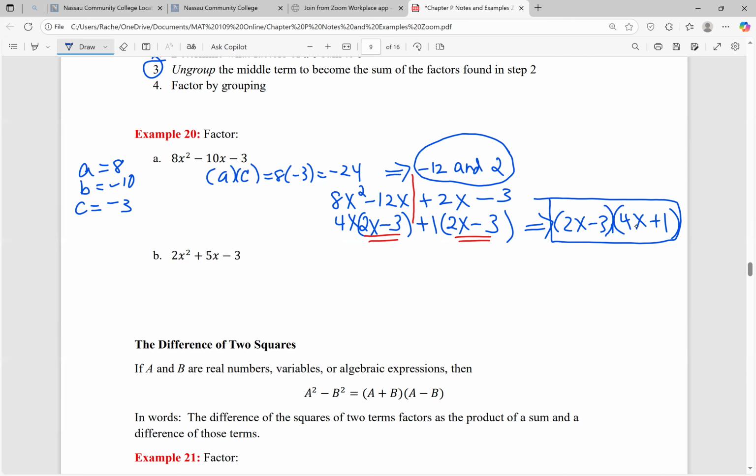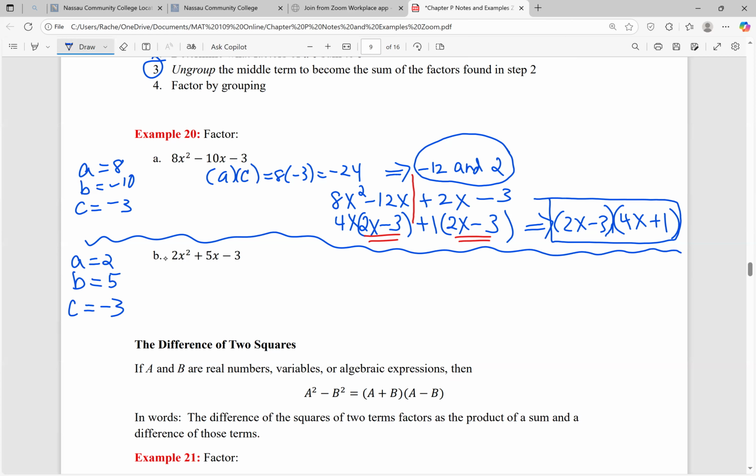So let's look at another one. Let's look at B. So for B now, 2x squared plus 5x minus 3, I have A is equal to 2, B is equal to 5, and C is equal to negative 3. So if I take A times C, I'm going to get 2 times negative 3, which is negative 6.